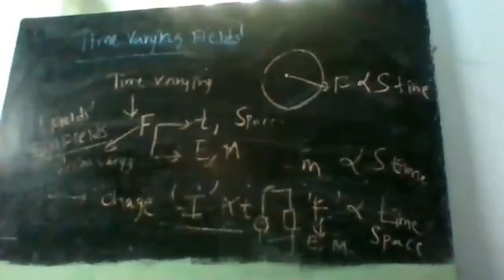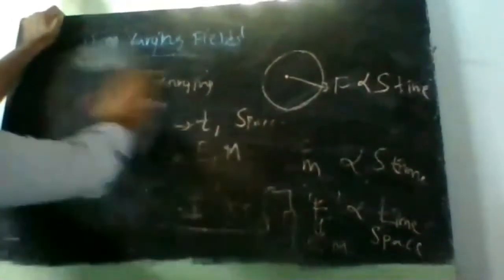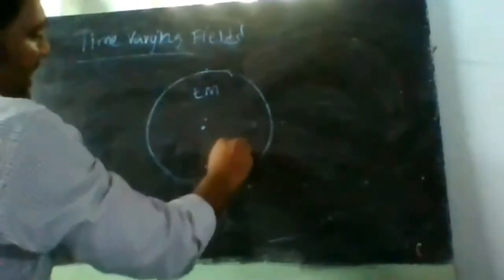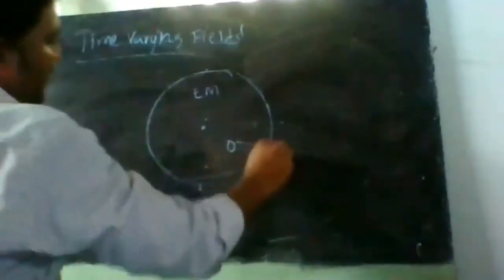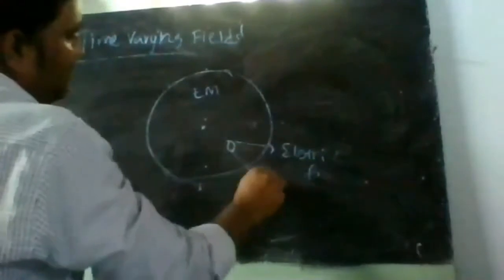Electromagnetic field means the force or the field, the region. Field is basically a region where the force is felt. Now what is an EM field? Any particle that you put there will experience both electric field as well as magnetic field.